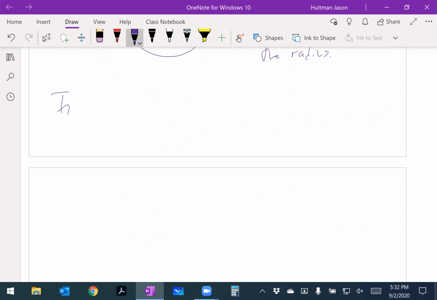Okay, let's look at integration for a second. Integration of space curves.